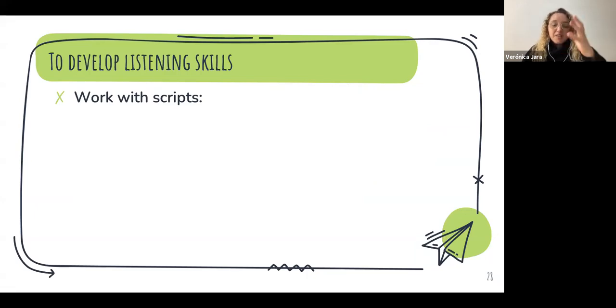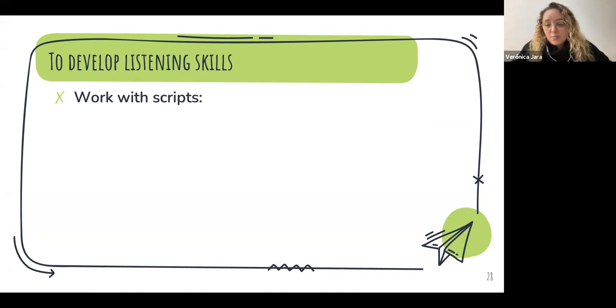Another thing that you've mentioned, and I said that we would deal with it a little bit later, and I think it's very, very useful, and I know you will agree with me on that, because in fact some of you were talking about this, is the importance of working with scripts, to help them identify not only these paraphrases but also certain signals that sometimes they miss, because they are paying attention to other things.